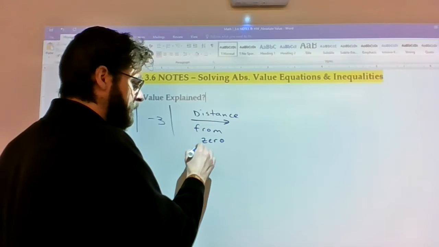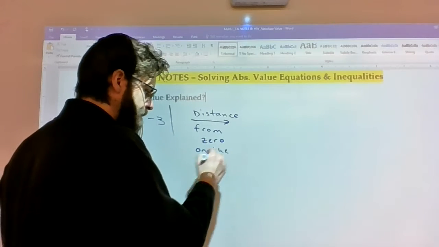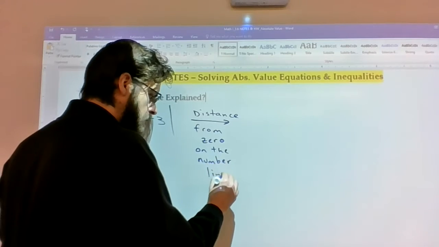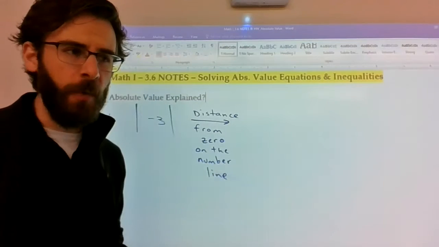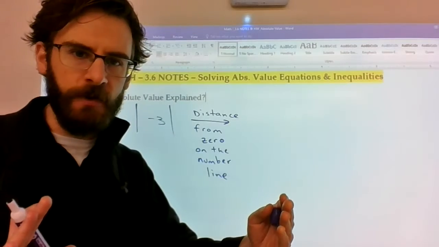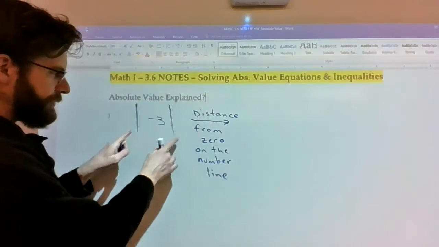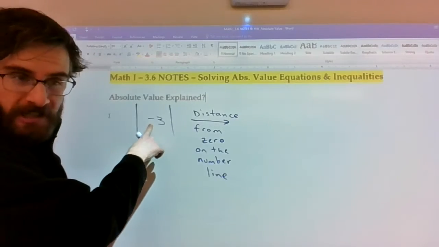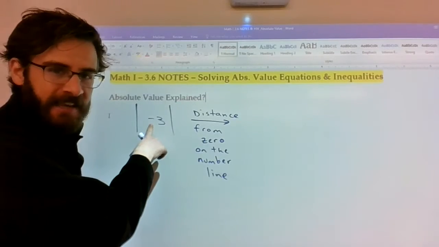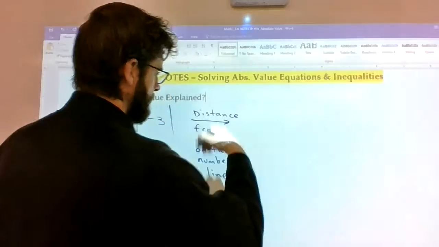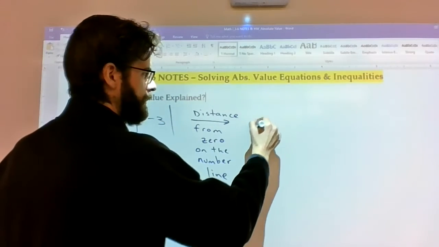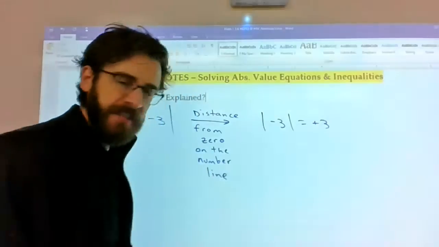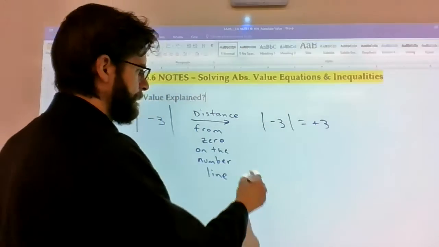Distance is always a positive value that you measure. So when you take the absolute value of something, it basically neutralizes the inside. It makes the inside positive. So the absolute value of negative 3 is equal to positive 3 without the bars.